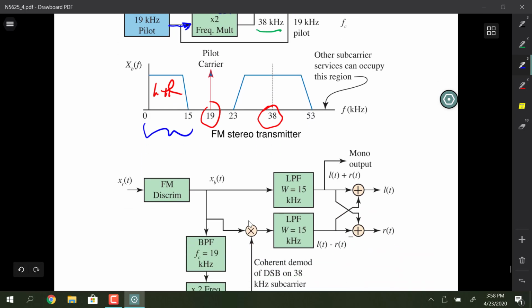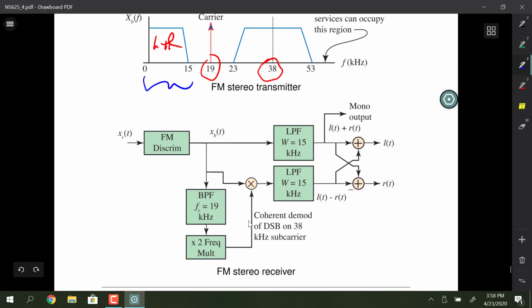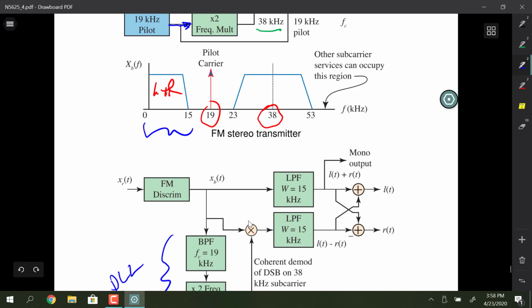So that is used directly down here by doubling after you bandpass filter, or this could be a phase lock loop application as well. Lock onto the 19 kilohertz pilot, then double the frequency, and then you have an exact phase coherent carrier for demodulating the subcarrier at 38 kilohertz.